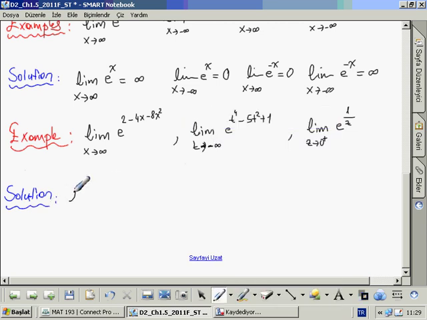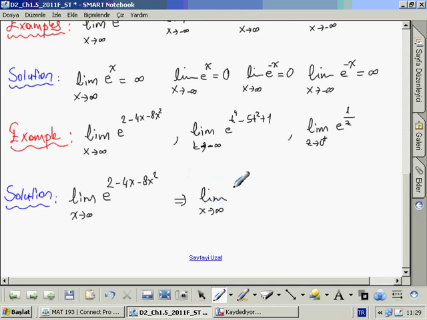Solution: limit as x goes to infinity of e to the power of 2 minus 4x minus 8 times x squared. In this part, what we need to note, using fact 2 above, is what the exponent of the exponential does in the limit.